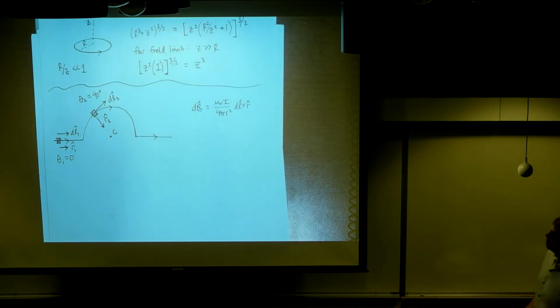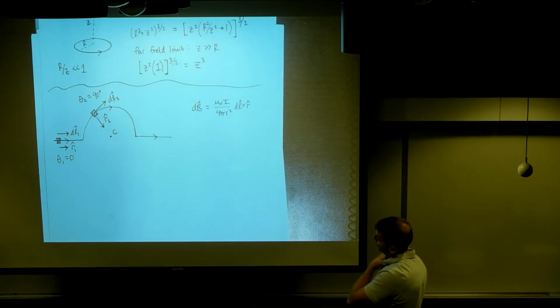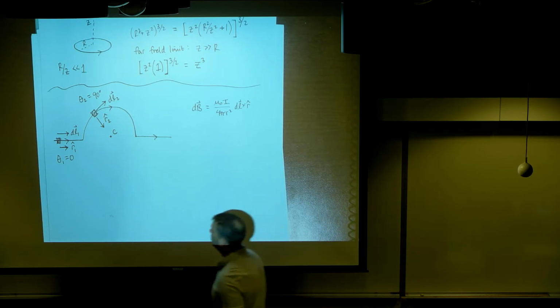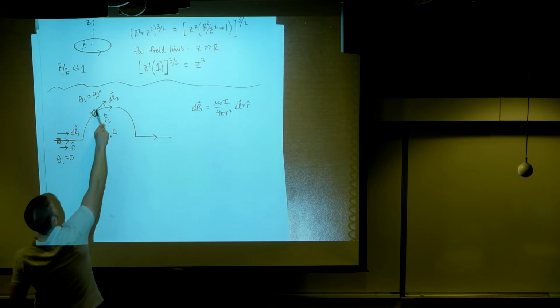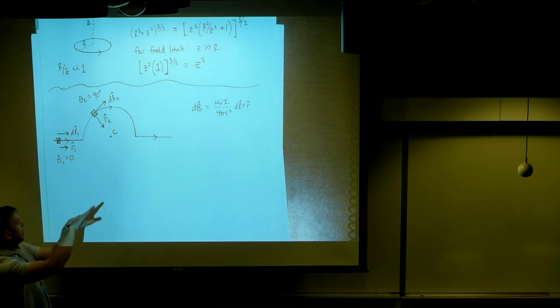Let's also get a sense of what direction the B field due to that current element is going to be. So remember, we're doing dl crossed with r hat. So we're just going to use the right-hand rule as it applies to cross products once again. So we have dl going like this, up and to the right, so that's your right hand.